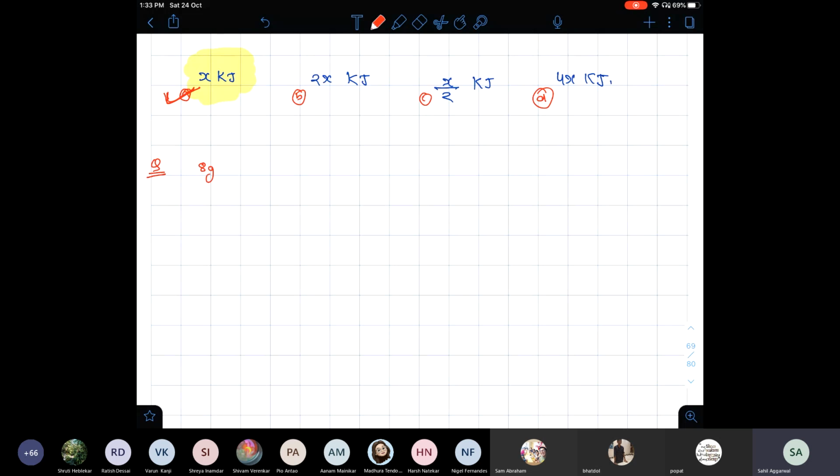Eight gram O2 and 44 gram CO2 gas are taken separately at same temperature.